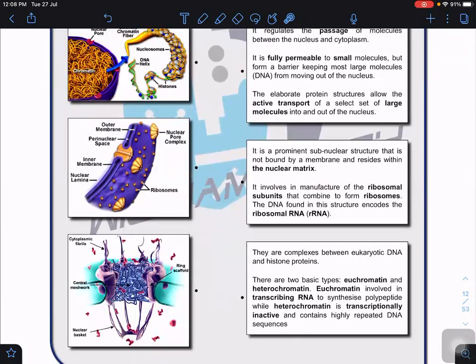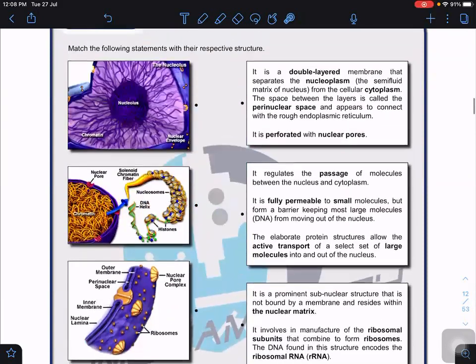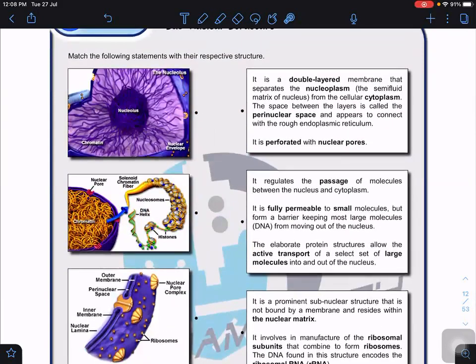So what are their functions basically? First of all, let us look at the nucleolus. Looking at the structure inside the nucleus, you can see a very prominent structure. If you view it under the light microscope, you will be able to see a darkly stained region in our nucleus, which is known as the nucleolus.